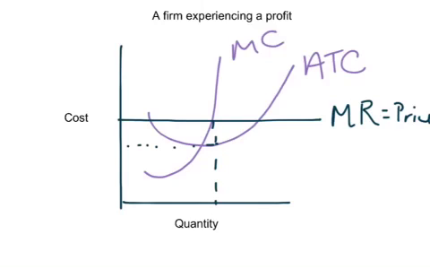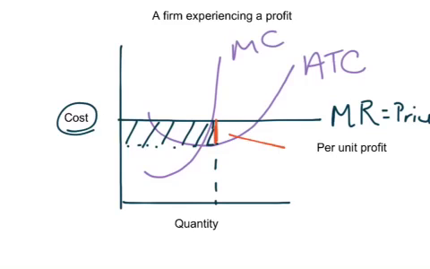this is the cost. So for this firm to produce at this quantity, we can remember from December that we know that they're experiencing profit here, and this is per unit profit. The per unit profit is the vertical distance between the marginal revenue price and the ATC.